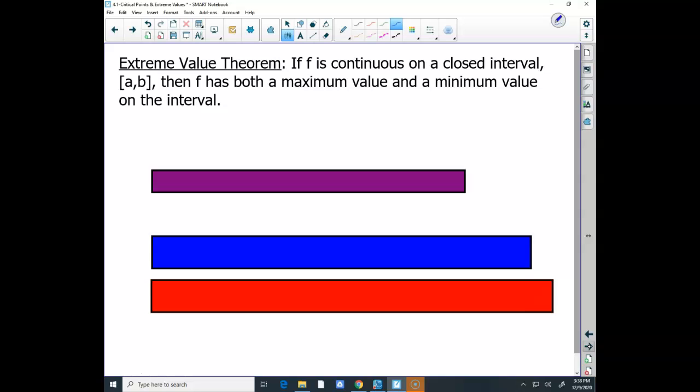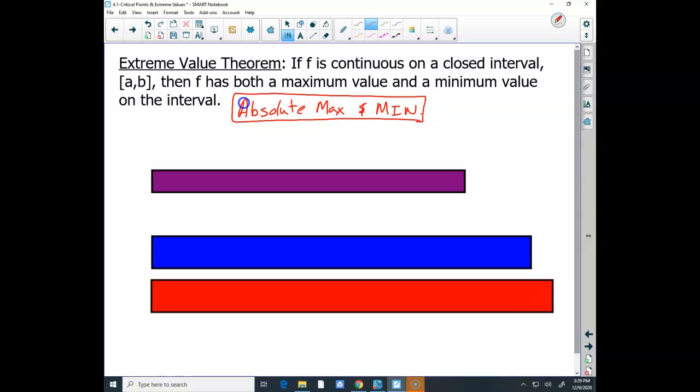Now, what the extreme value theorem is talking about, in my opinion, is absolute extrema, absolute max and mins. So my interpretation is, if the function's continuous on a closed interval, then that function has to have an absolute maximum and an absolute minimum.